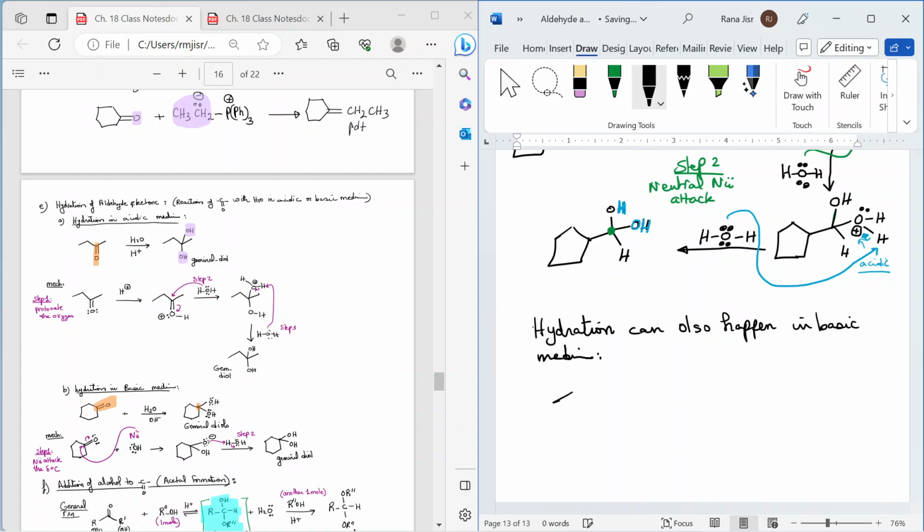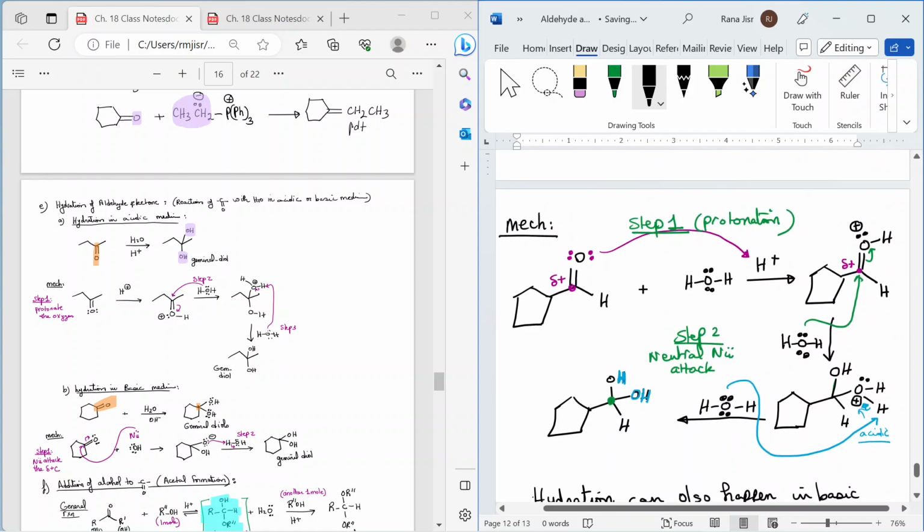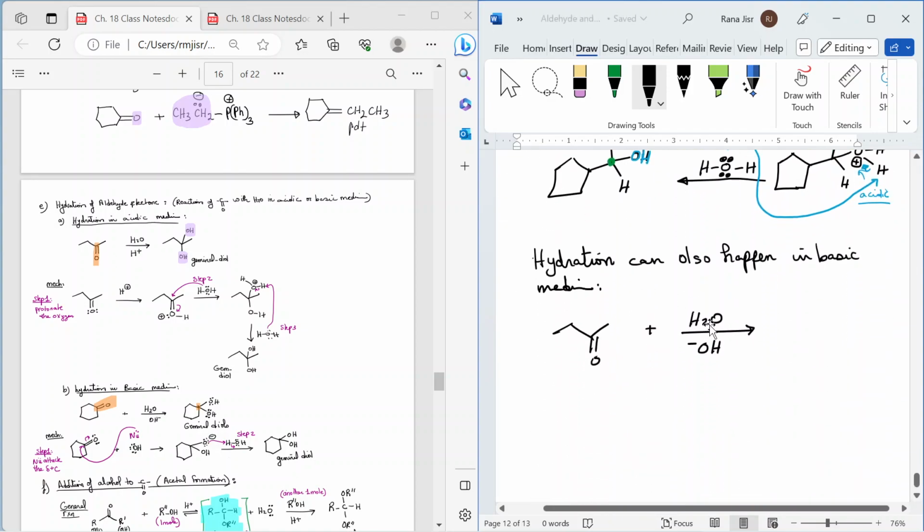If I consider, let's say, for example, something like this, and I am reacting this with basic medium hydration. So hydration means I am simply adding water. If I am doing a basic medium, then it's going to be in form of an OH. So you would need a base in the solution. So hydration is always water. This is hydration, acidic medium. This is hydration, basic medium.